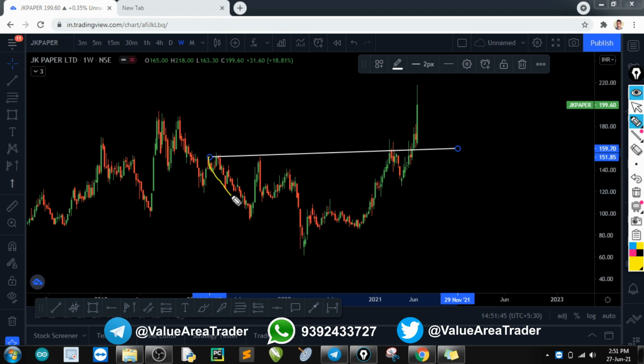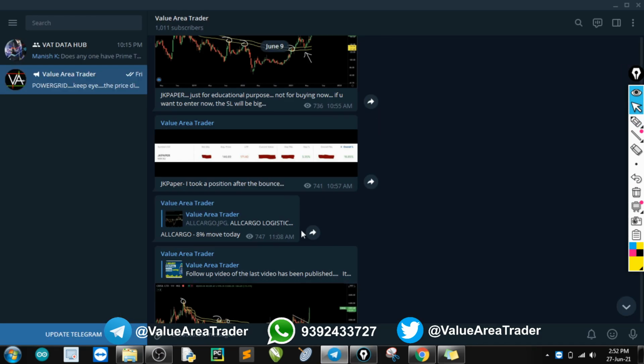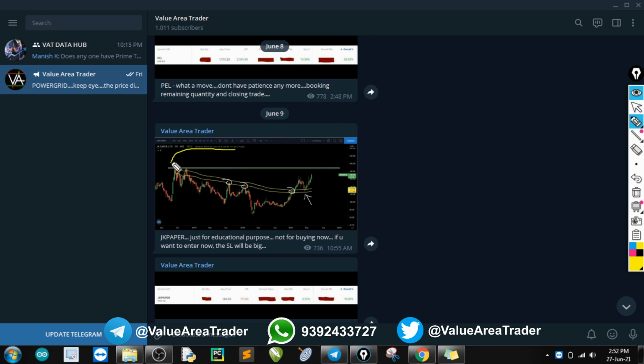As you can clearly see, this was the left shoulder. Now this is the head. This whole structure is the head, and we have to wait for this particular pattern. I also told you my entry at JK Paper, if I am right. Yes, this is JK Paper.